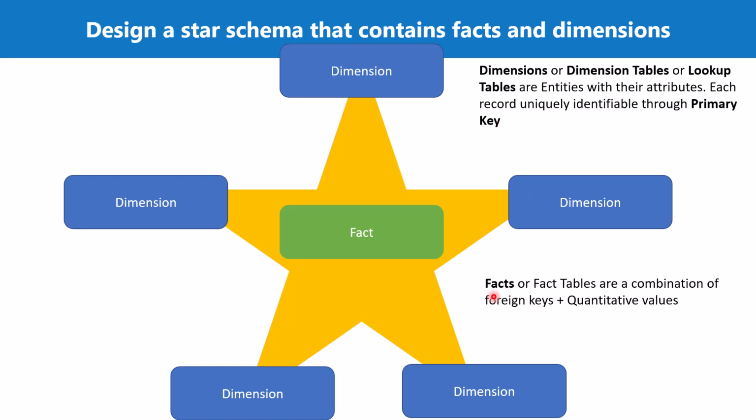Next is another definition, which is of the fact or the fact table. It says that facts or fact tables are a combination of foreign keys plus quantitative value. So here it is saying that in the fact table, you have columns which belong to a category called foreign keys, and we are going to talk about these, and then there are certain columns which have quantitative value. So this is the definition of a fact table.